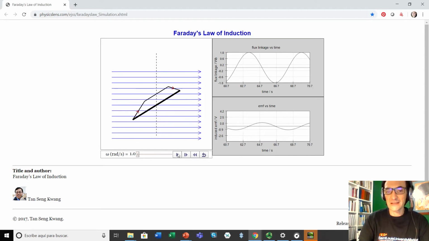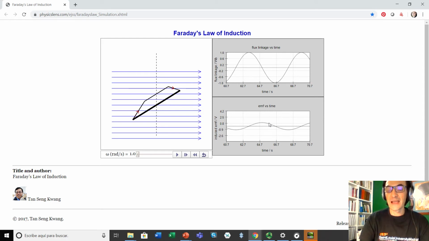For instance, as you can see, when we have maximum or minimum flux, we have zero induced EMF. If we have a change, either decreasing or increasing in the flux, we will have the corresponding increasing or decreasing on the induced EMF.